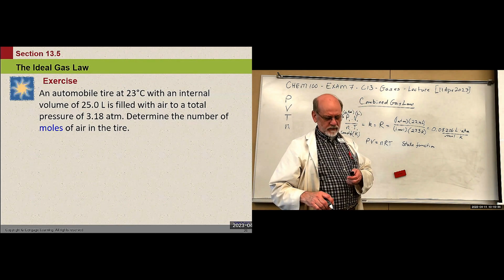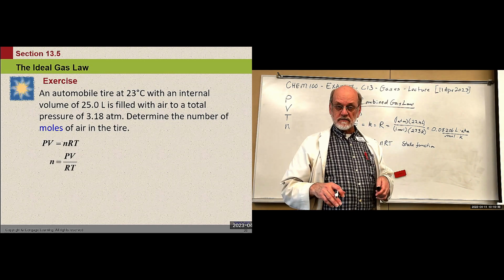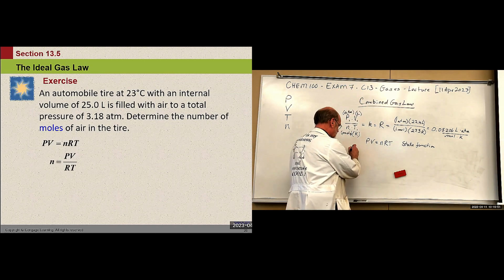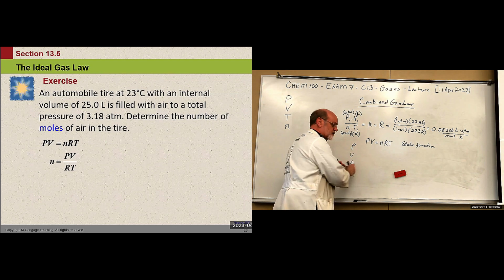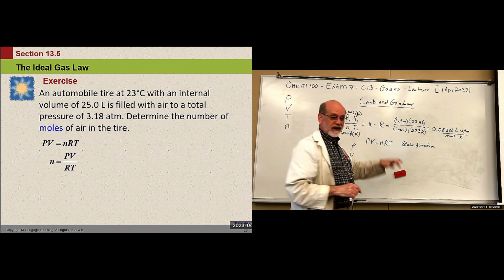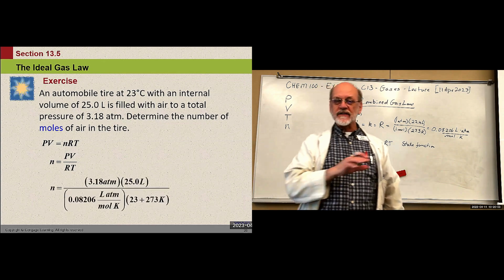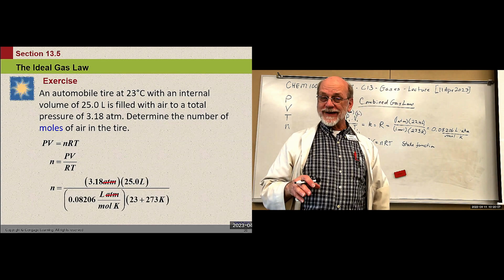For this example, it's on the screen, and you set up your P, V, N, and T, and you put in your values, and the one that's unknown, then you know that you've got it in the right place. You extract that information from the problem and then solve for the correct answer.